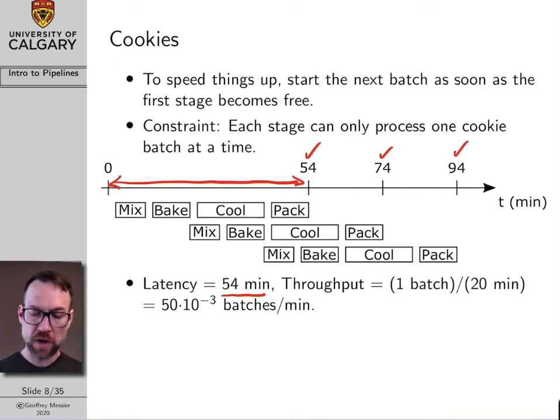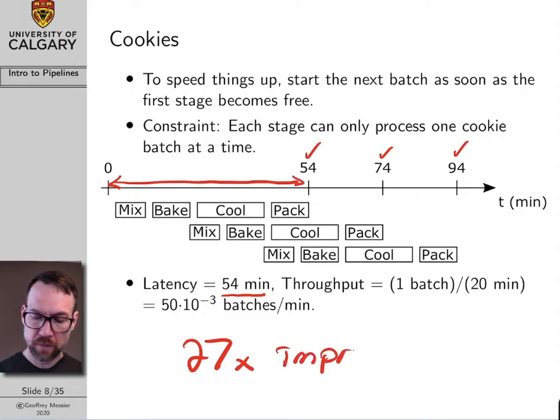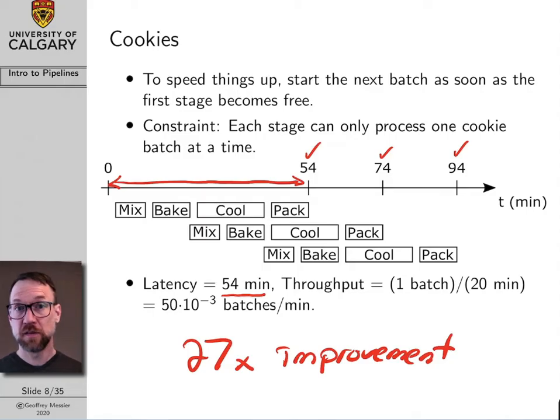And so we've gone from 1.85 millibatches of cookies per second to 50 millibatches of cookies per second, which is a 27 times improvement. And that's significant.